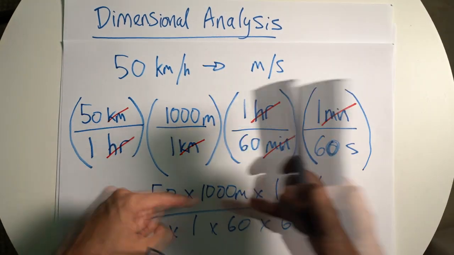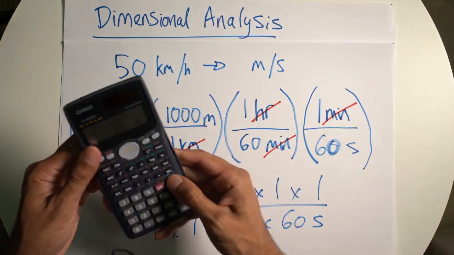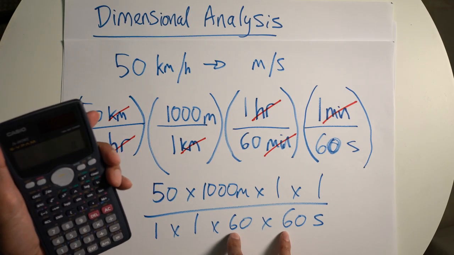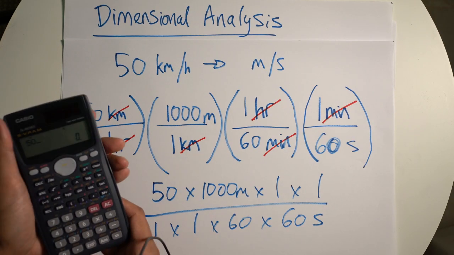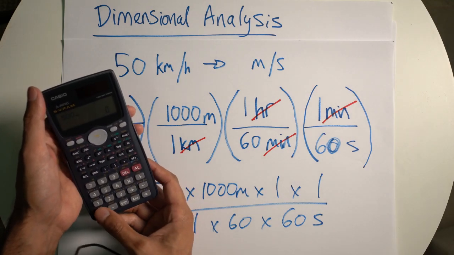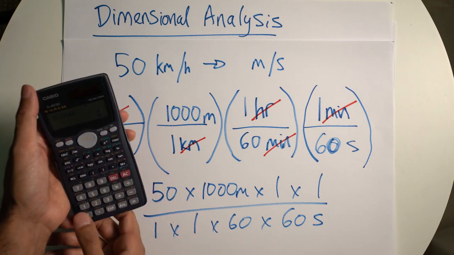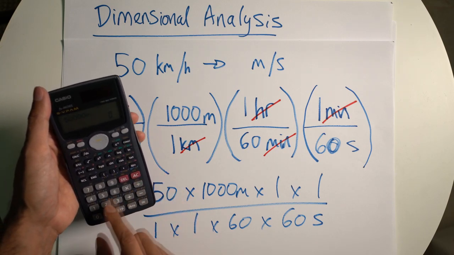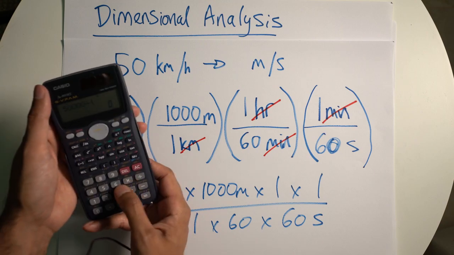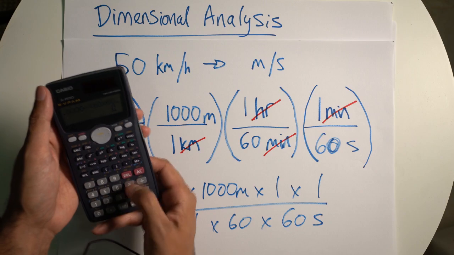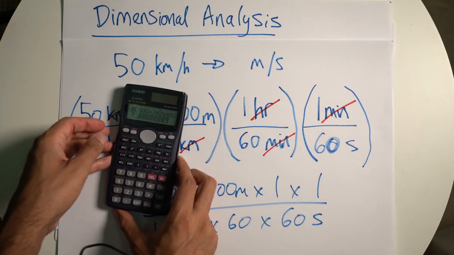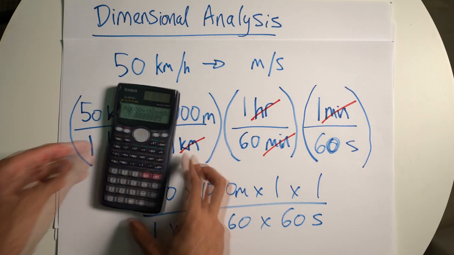In fact, we know this is going to be 50,000. And then it's going to be 3,600, isn't it? So if you're not sure, just put it all in brackets. 50,000, make sure the number of zeros is correct, divided by 1 times 1 times 60 times 60. I'm just going to put 60 times 60. And it gives us 13.89.